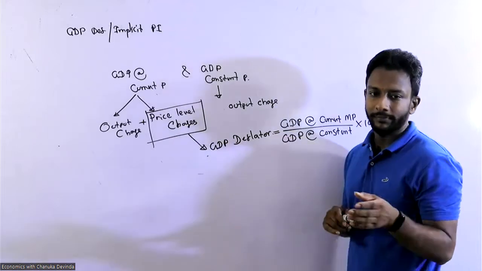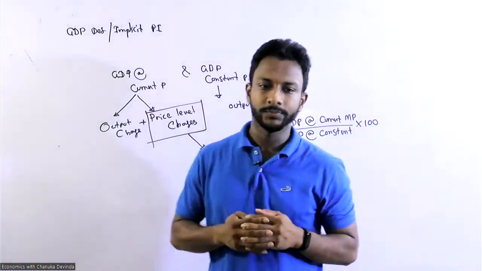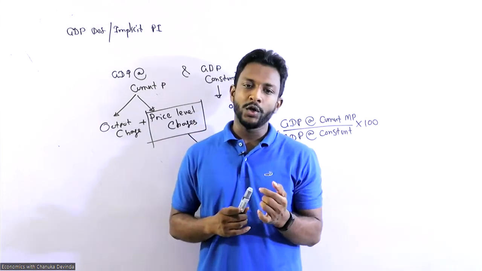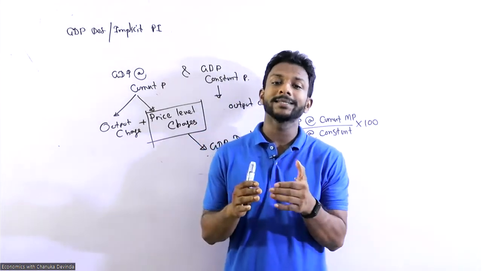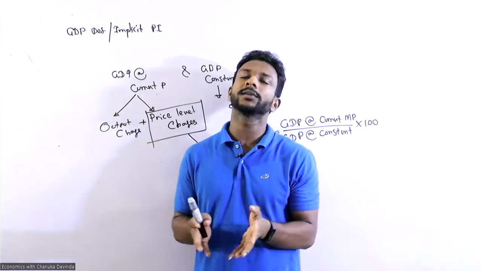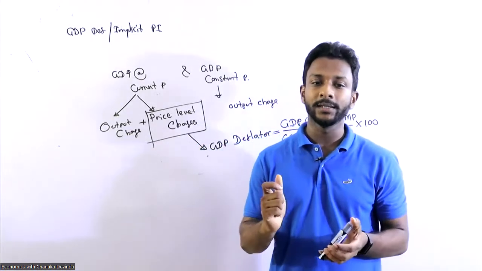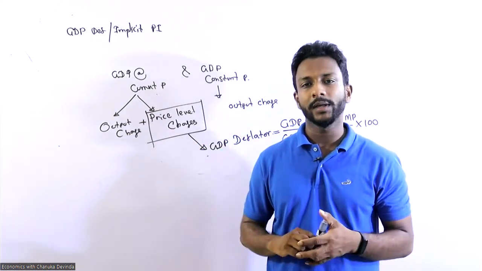So that's it. We'll read the answer. Third point: GDP deflator is a measure used to measure the price level of all the final goods and services produced in the economy.